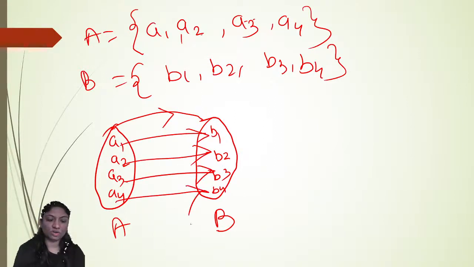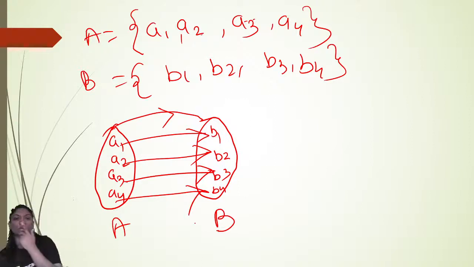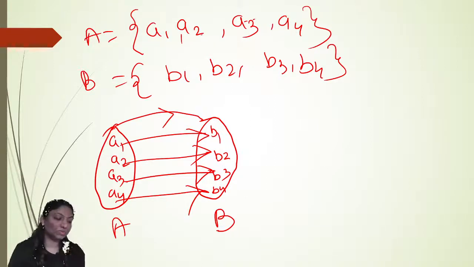So this is your function. Every element has a unique image in B. So this is your function.